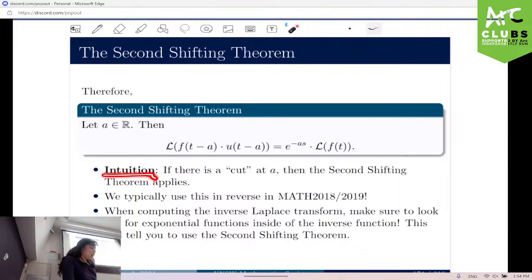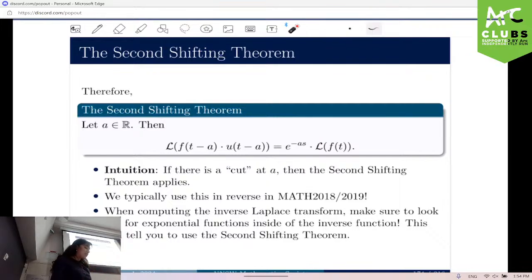So how do we spot this? If there's a cut at a, then the second shifting theorem applies. If we see a function that's already shifted, and then it's multiplied again by e to the power of whatever s, right?